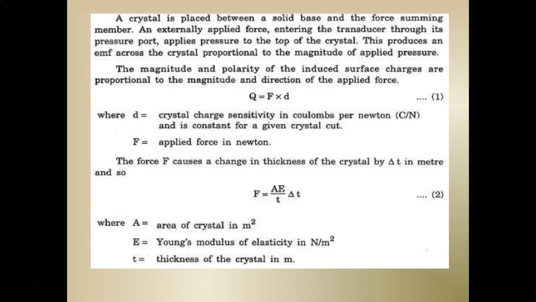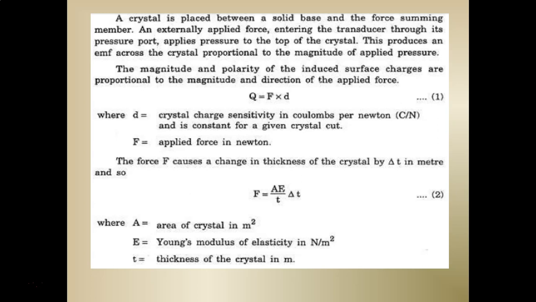The magnitude and polarity of the induced surface charges are proportional to the magnitude and direction of applied force. So the charge is given by Q = F into D, where F is applied force in Newton and D is the crystal charge sensitivity in coulombs per Newton.